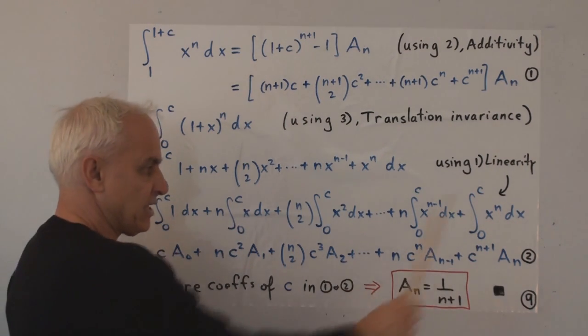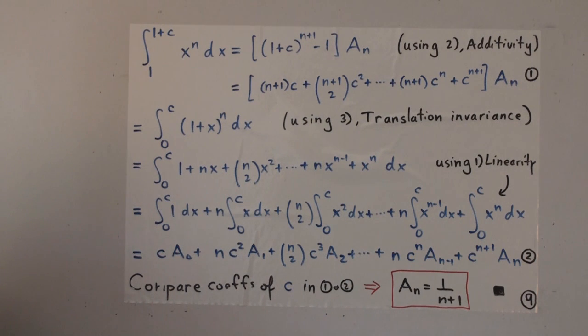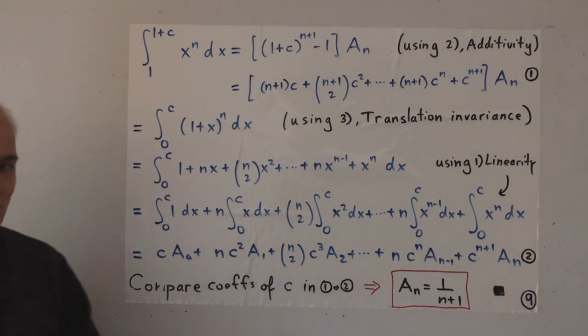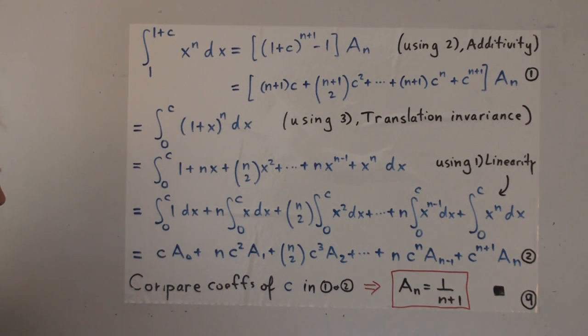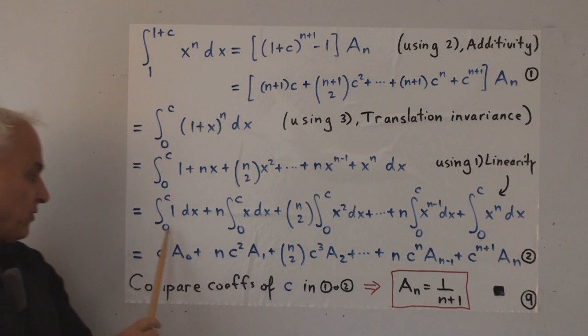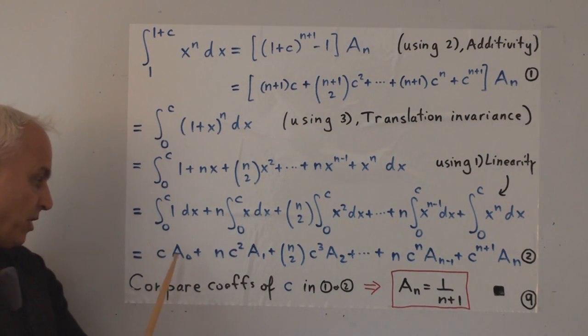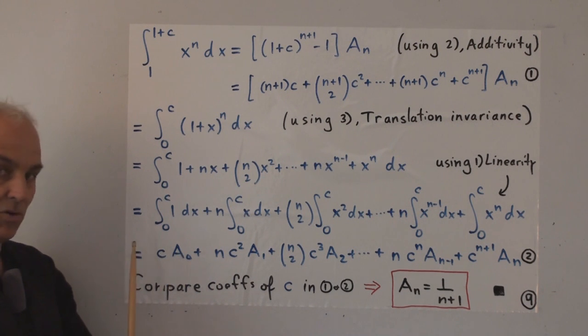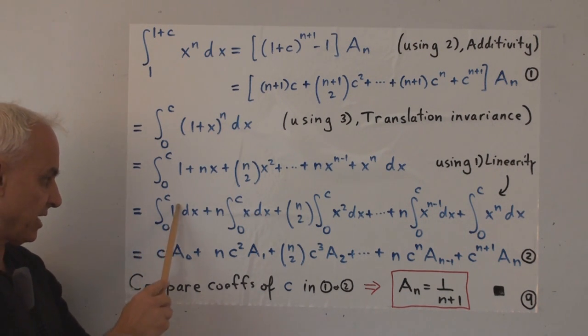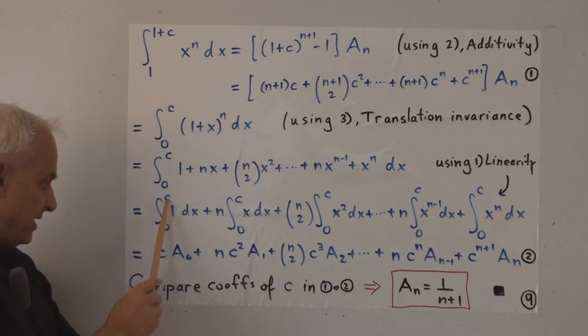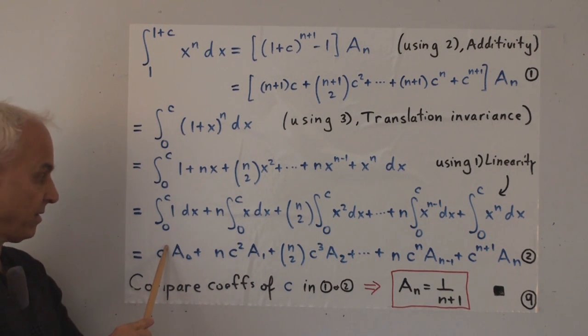Can we evaluate these kinds of integrals? Yes, we can. Again, that's the basic property that we've already established. So this thing here is the integral from 0 to c of 1 dx. According to our formula, that's c times a sub 0. This is actually x to the 0, so we're going to get c to the 0 plus 1 times a sub 0.